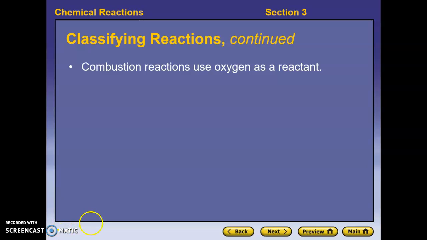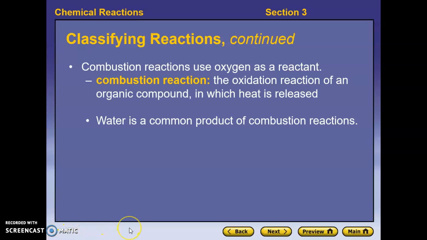So what is happening in a combustion reaction is the oxidation of an organic compound, and heat is always released. So heat is going to mean that it's an exothermic reaction, and that's our experience with combustion, isn't it? That if we burn something, we're going to release heat in the process.